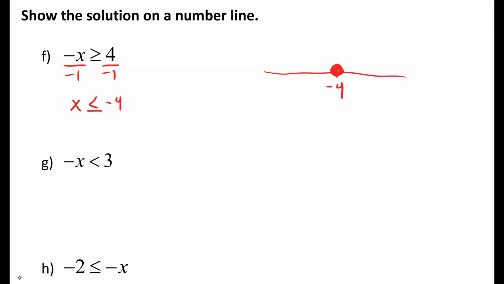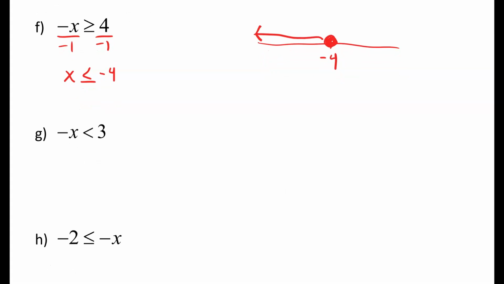And then I have to decide, is my arrow going to the left or to the right? Well, x is less than or equal to, so it's going to go to the left, and I'm going to put my arrow facing that way. It's important that you make it an arrow because it can be any number that is less than or equal to that.